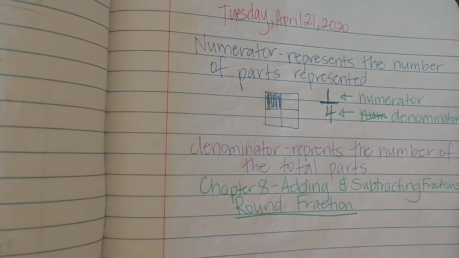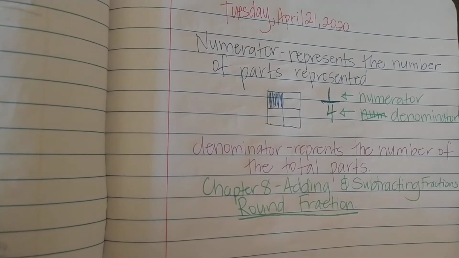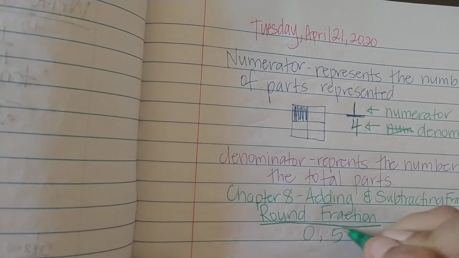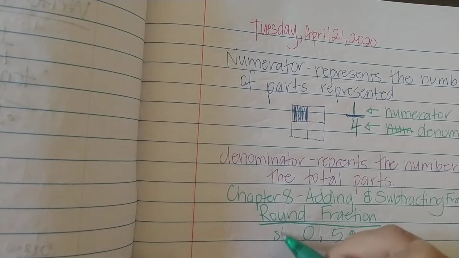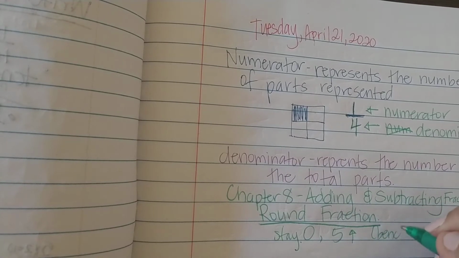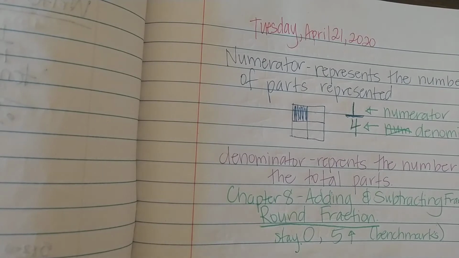Now, when we're rounding regular decimals or whole numbers, we always use, remember, the 0 and the 5, because then we can see, does it go up or does it stay, right? So these are basically called benchmarks. This is what guides us when we're going up because it rounds up or it rounds down. Okay, that's called benchmarks.